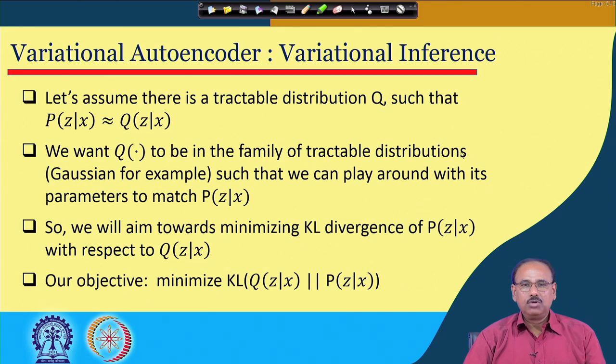And how can I make p of z given x similar to q of z given x? I have to minimize the KL divergence between q and p.